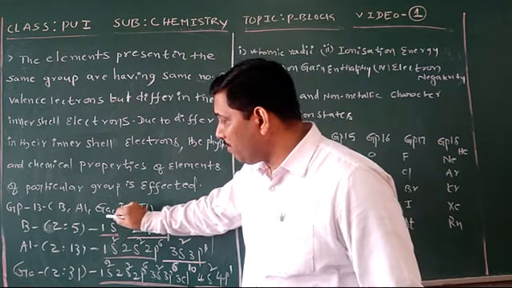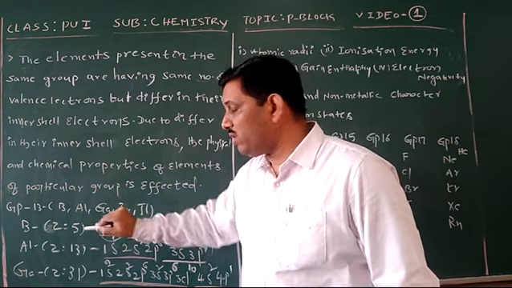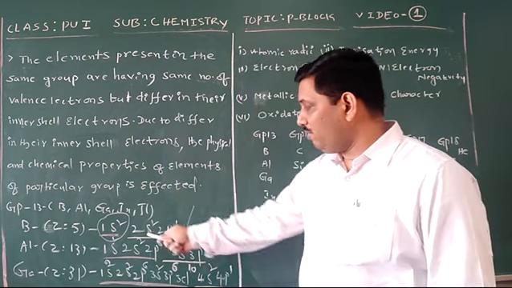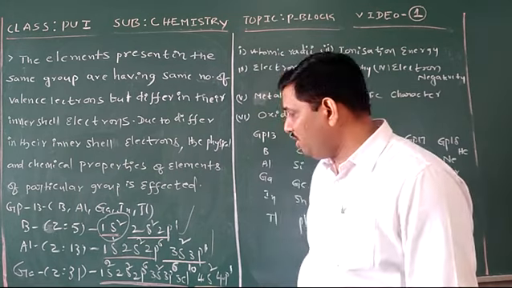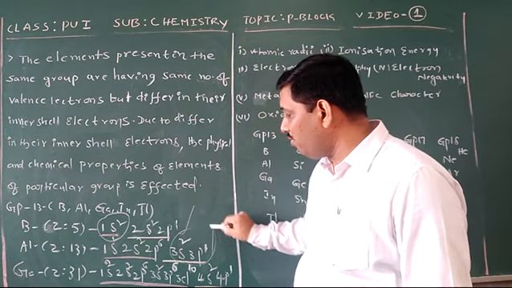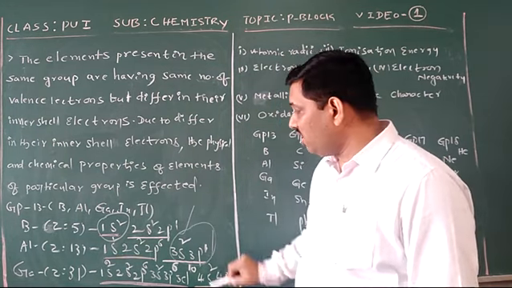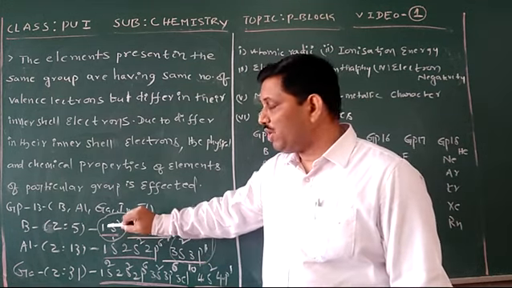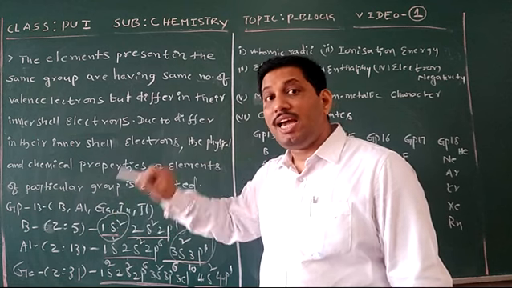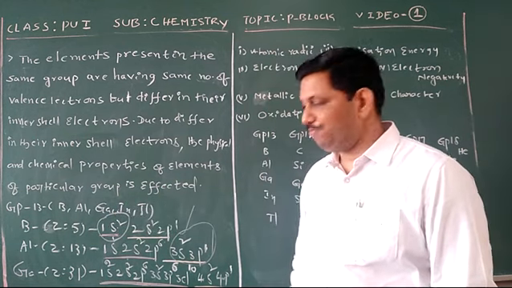For example, boron 1s2: 2 electrons are present in the inner shell. The valence shell is the second shell; the first shell is the inner shell, containing 2 electrons. Aluminium: the valence shell is the third shell, but the inner shell electrons are 2 plus 8, that is 10. Here 2 inner electrons, here 10 inner electrons.